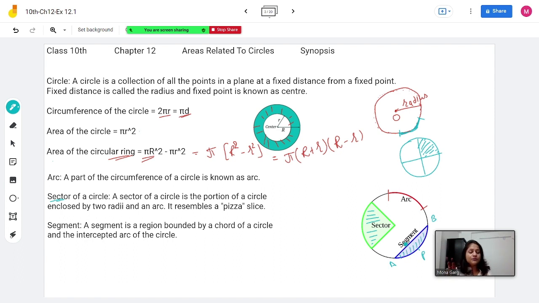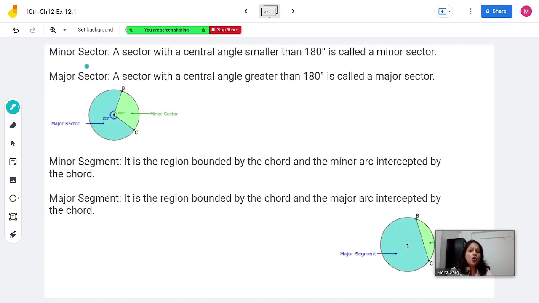There are two types of sector and there are two types of segment. Let's discuss. One is called minor sector and the other is major sector. Now, if the angle made by the arc at the center is less than 180, in that case it will form a minor sector. And if the angle made by the arc is more than 180, or you can say reflex angle, then in that case this is called the major sector.